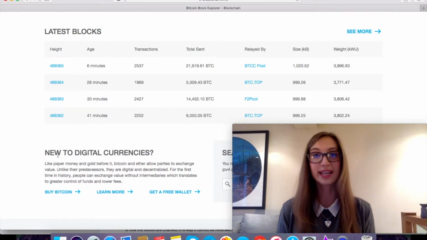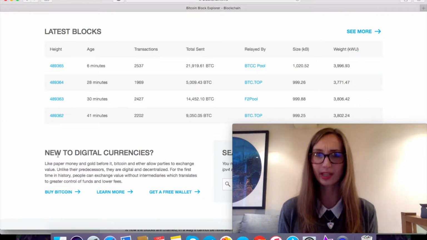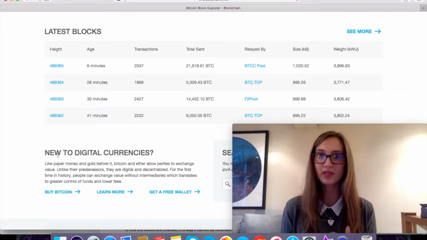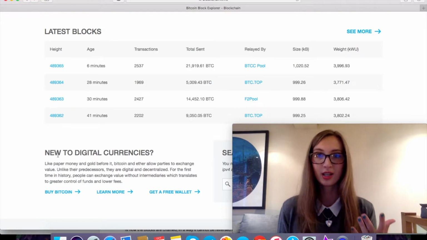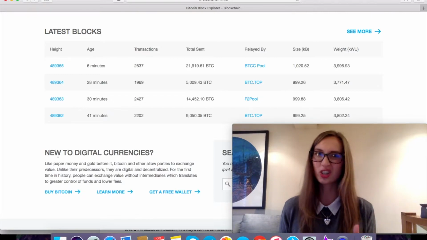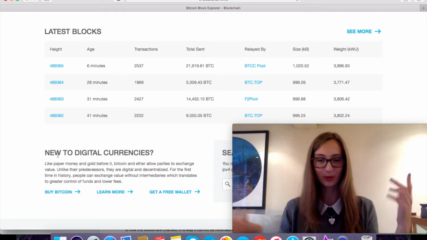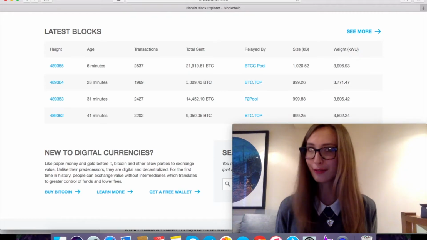In order for you to understand what the blockchain is, you need to understand how Bitcoin is created. I've mentioned in my previous video, but I'm going to mention it again. Bitcoin is created through a process called mining. I'm not talking about the traditional mining of, I don't know, diamond or charcoal or Minecraft.